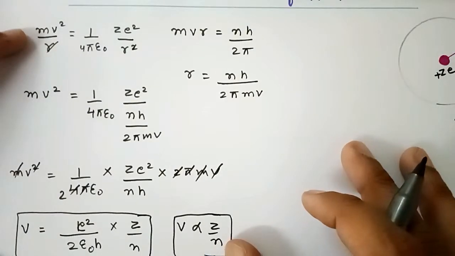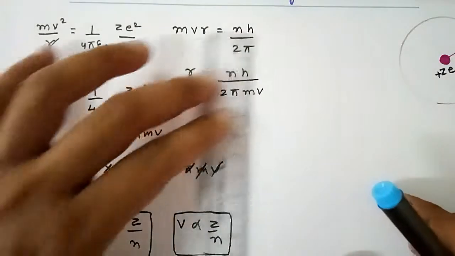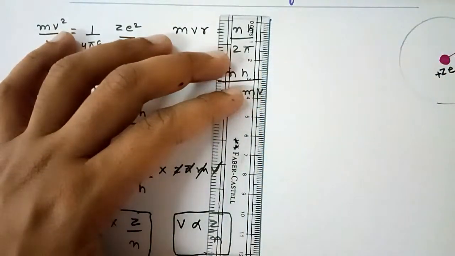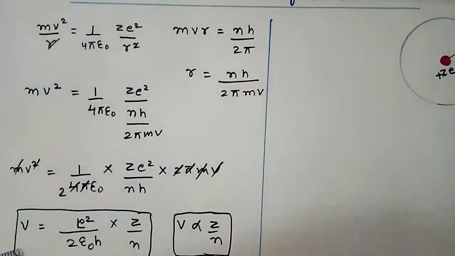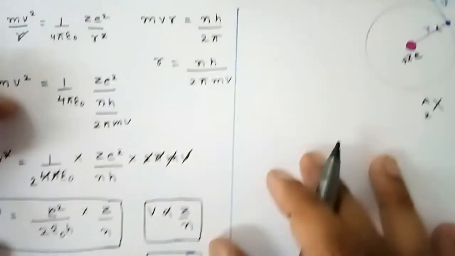So let's talk about the expression of kinetic energy as well. I'll have to make a small partition so that my work does not look untidy. So let's talk about the kinetic energy part. Kinetic energy is now very simple because we have derived the expression over here.